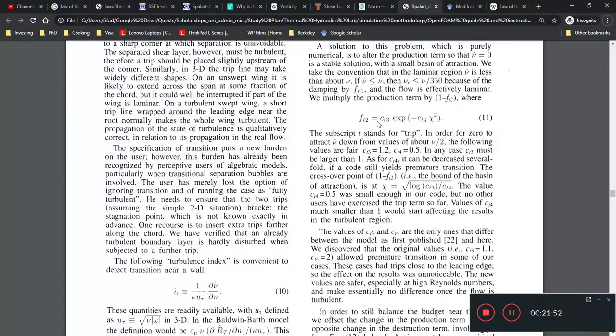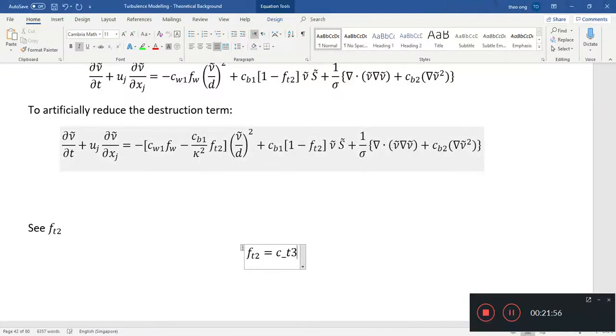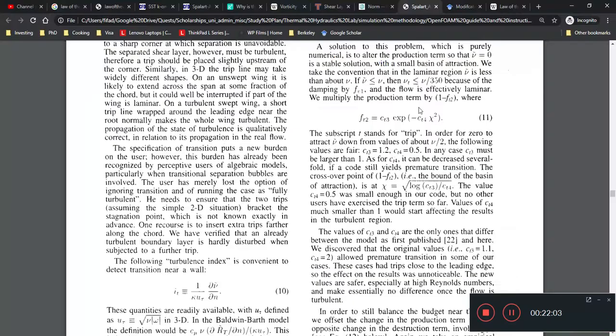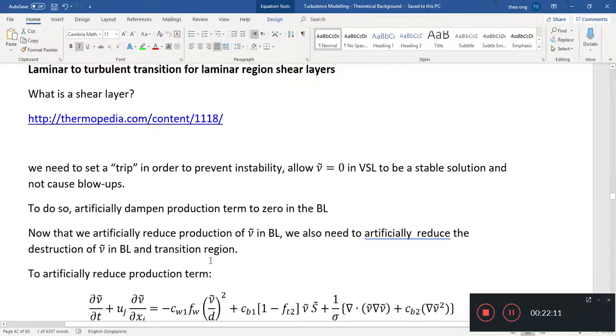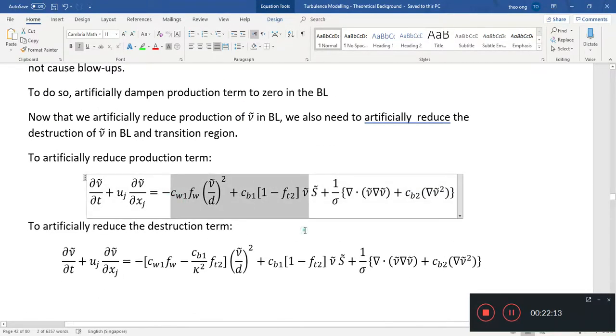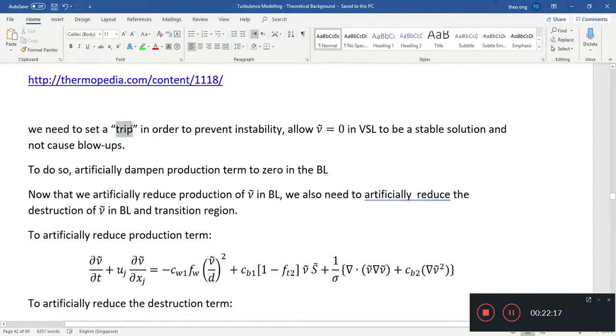ft2 equals ct3 times exponential of minus ct4 chi squared. They call these the trip terms because they activate the trip so as to prevent the numerical instability.